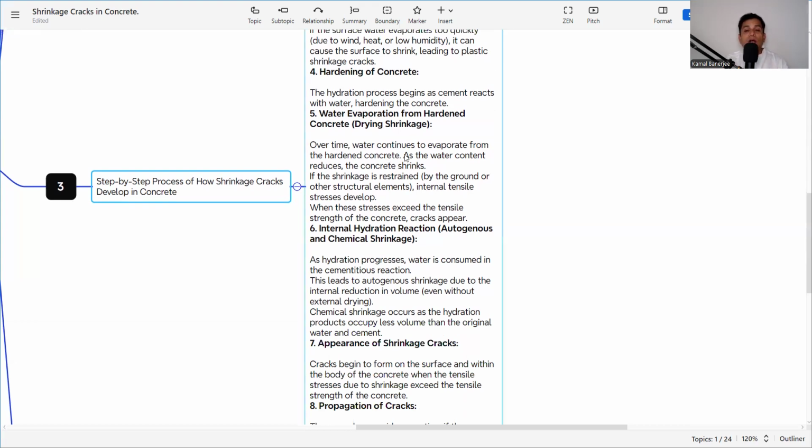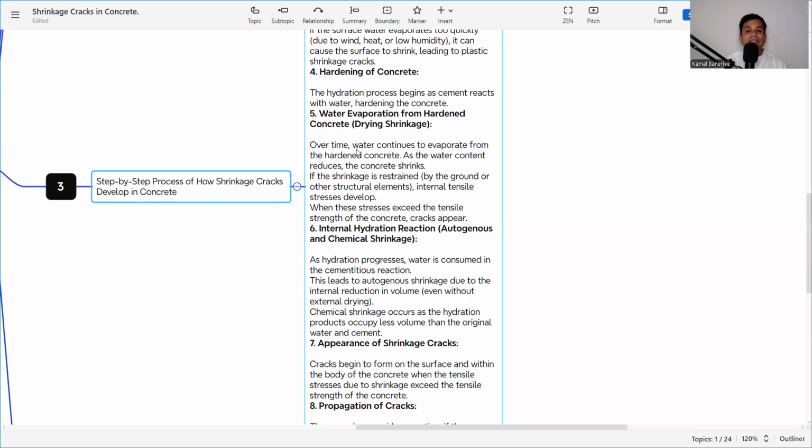Over time, water continues to evaporate from the hardened concrete. As the water content reduces, the concrete shrinks. So this water keeps evaporating continuously. Whenever it evaporates, this hardening process continues over time, not only within the first 3 to 4 hours, and shrinkage cracks can also happen.